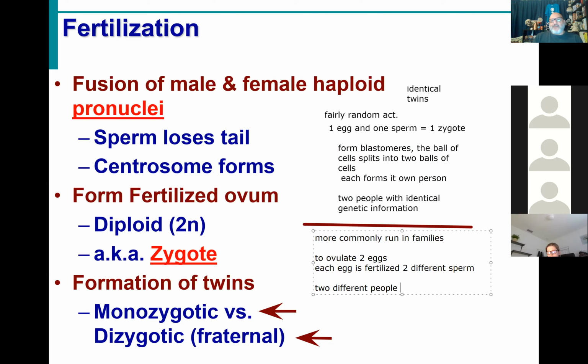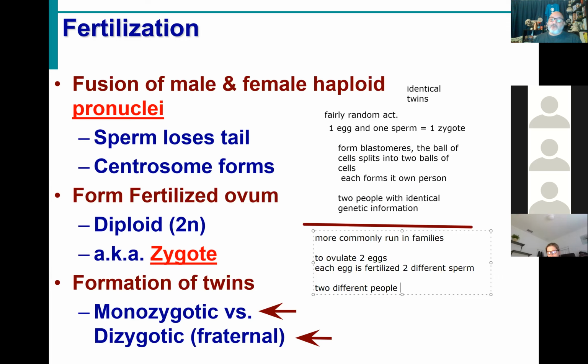Right? This is how you can get a Brenda and a Brandon, because one egg could be fertilized with an X chromosome sperm and the other could be fertilized with a Y chromosome sperm, giving you brothers and sisters.